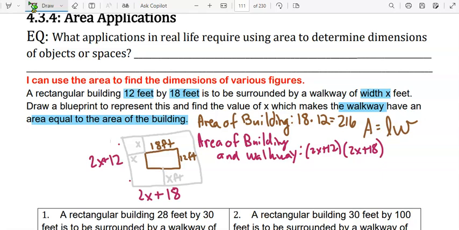And we can multiply those out. We get 4x squared plus 36x plus 24x plus 216. Combine the like terms.